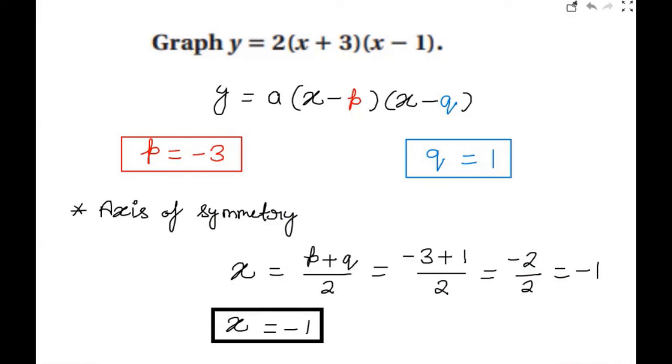After finding the axis of symmetry, we also need to figure out the vertex of the given quadratic function. To get the vertex, we'll substitute the value of x into the given equation. The equation is y equals 2 times (x plus 3) times (x minus 1).